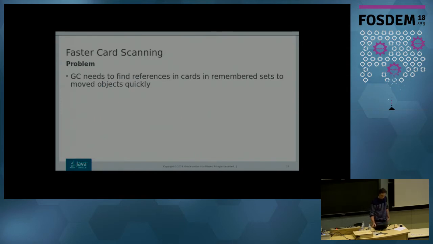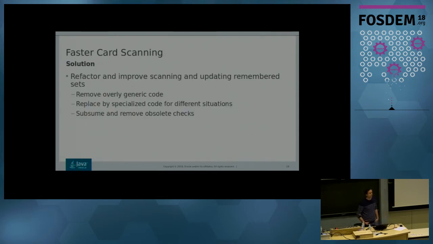So the solution for this change was to refactor and improve the existing scanning code. That means the code has been really overly generic. It has been replaced by specialized code for different situations. This allows us to manually subsume and remove lots of checks in the code.